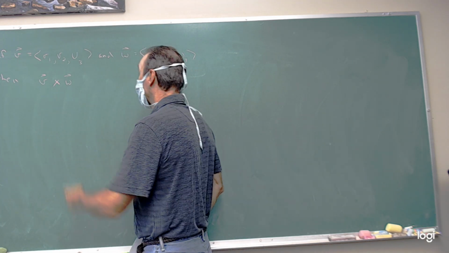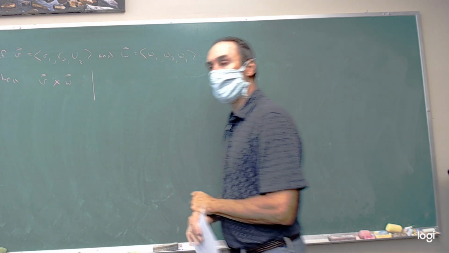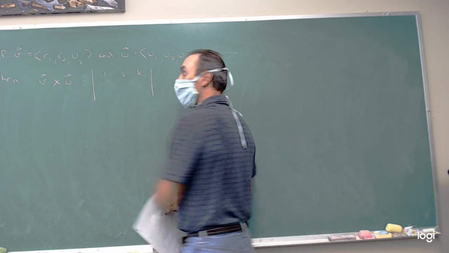So it's called v cross w, and it's defined as this vector where you write IJK for the top row.